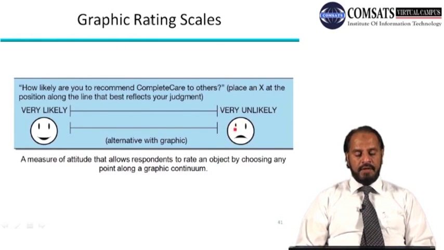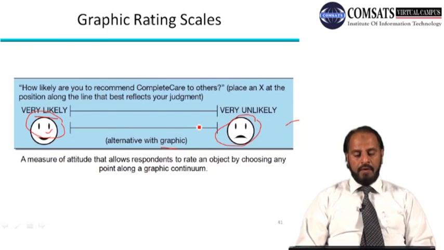Here you could use a graphical image to indicate, not just words, because graphically it's sometimes useful. You can use a smiley face or a different kind of image indicating the choice of an individual in a graphic way. So this is another way of indicating your likeness and dislikeness of a particular variable.